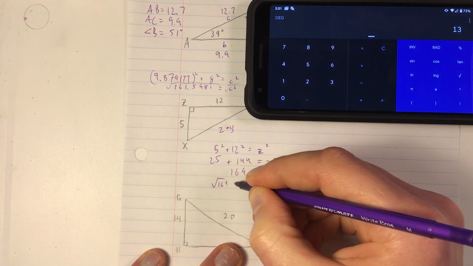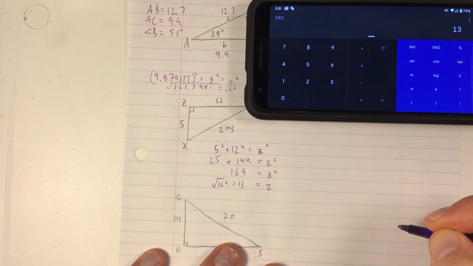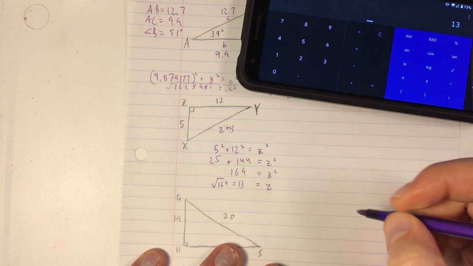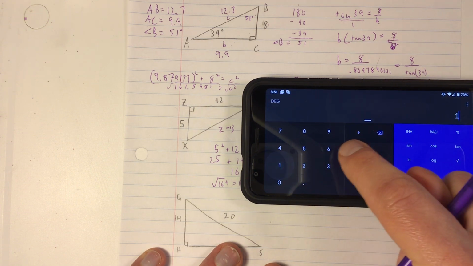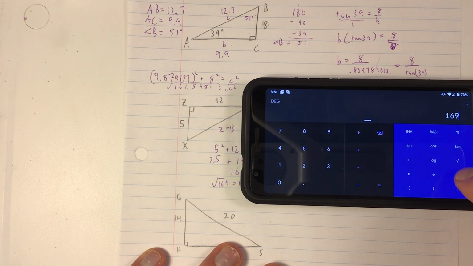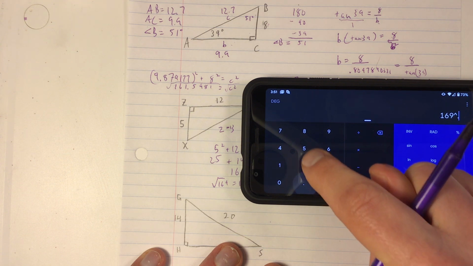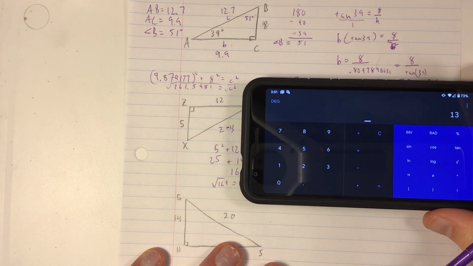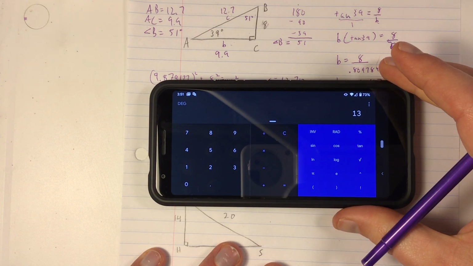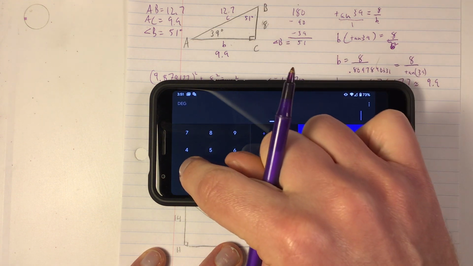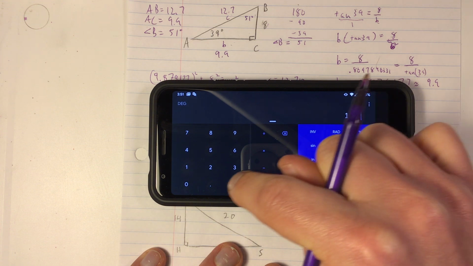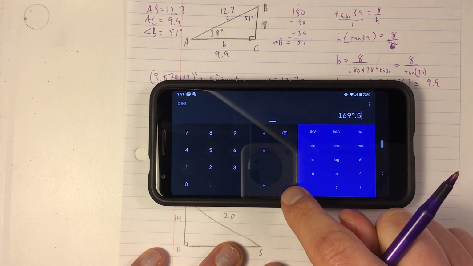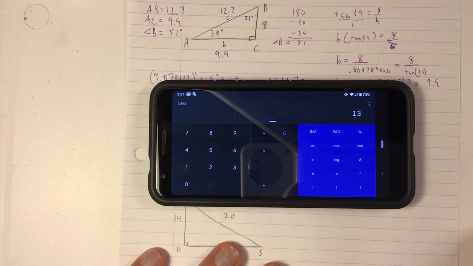Square root of 169, which is 13. All right. Just again, if I wanted to, I'm going to show you, I could take 169 and raise it to the 0.5. That also gives me 13.